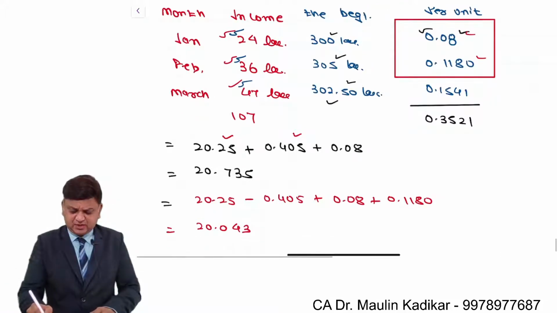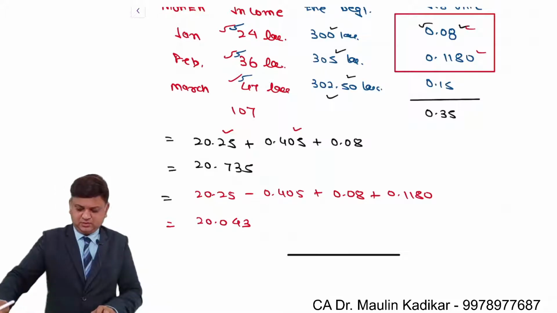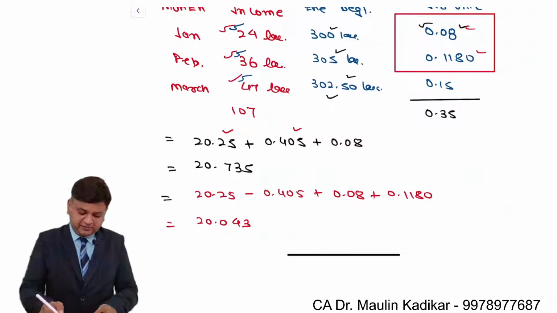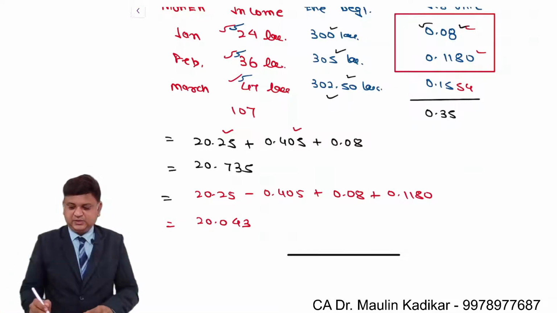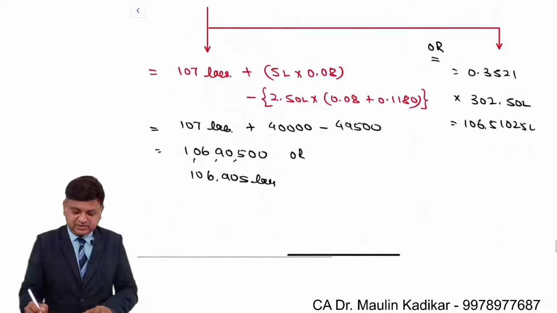Friends, there is a slight error over here in the computation. It is 0.1554. That is 47 lakhs divided by 302.5 lakhs, that is 0.1554. So 0.08 plus 0.118 plus 0.1554 is 0.3534, that is 35.34 paise.